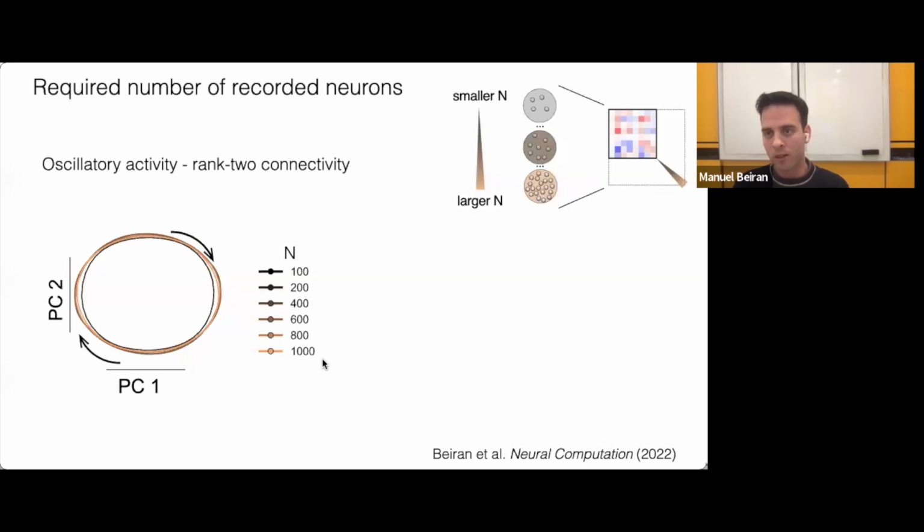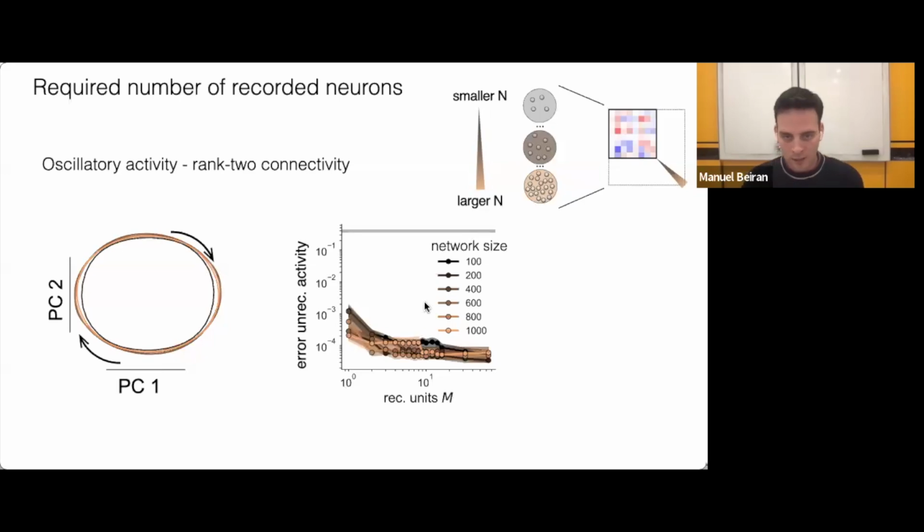So now I'm going to run the exact same experiment. I'm going to build student networks that have the same connectivity as the teacher for all these network sizes, and check how many neurons I need to record from, and how this depends on the number of neurons. This is what I'm showing here.